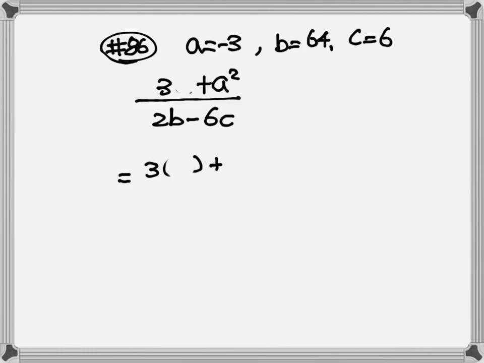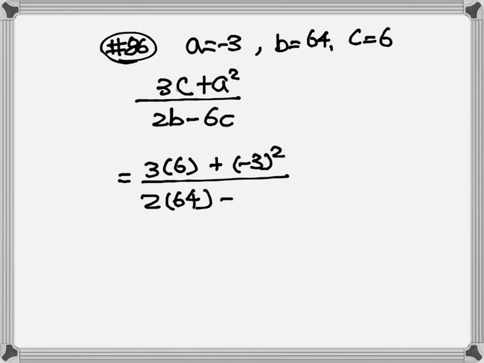This is c, so let's put down the right number. It's 3c, so it will be 3 times 6 plus negative 3 squared, over 2b, where b is 64, minus 6c, where c is 6.